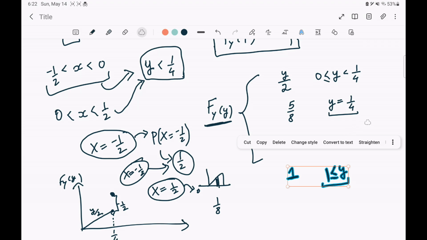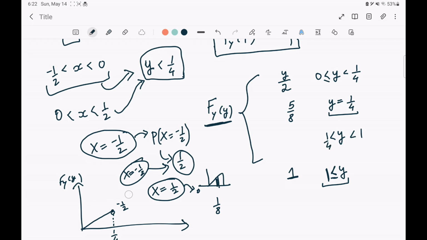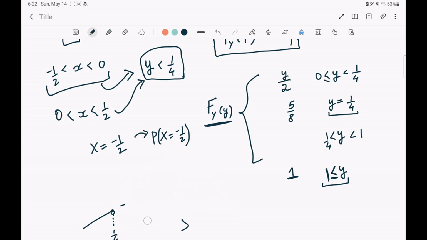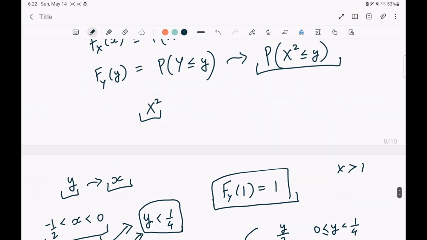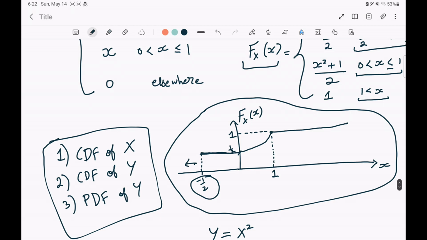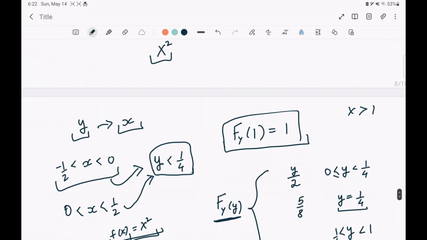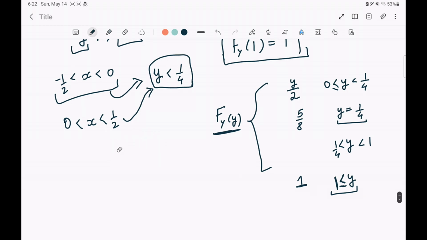Now we will compute the value of y being in between 1 by 4 to 1. This would also be straightforward, because here the function f would behave like an invertible function, because there was no other negative value between minus half to minus 1. So we would again integrate x dx, and this will be small x square by 2 plus c.